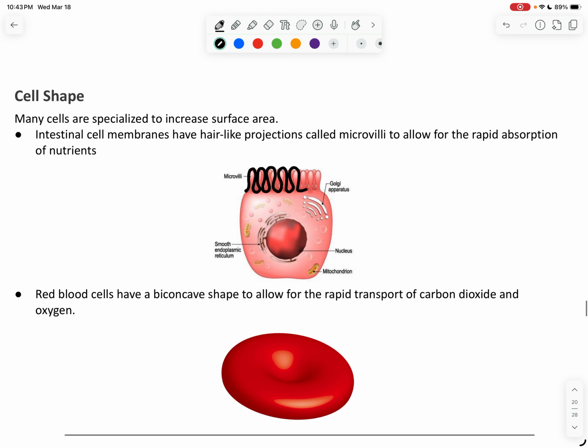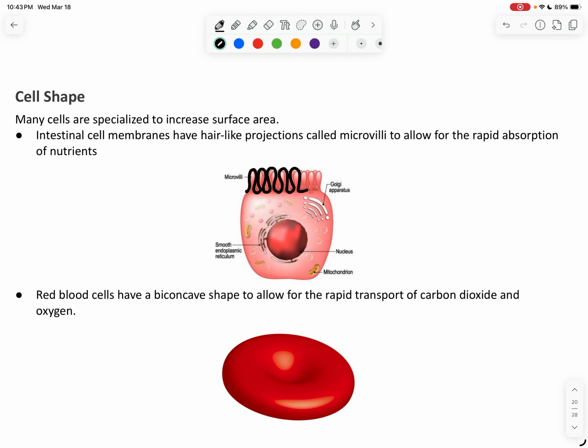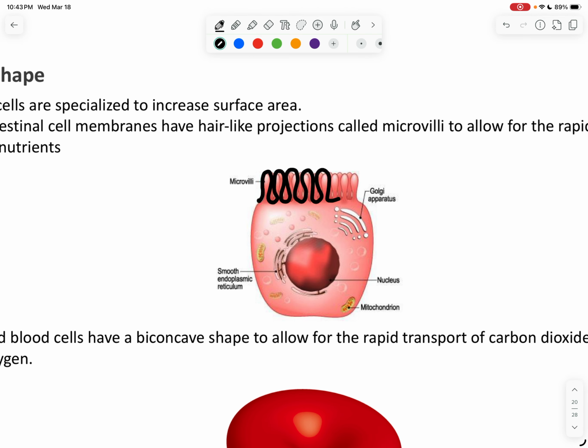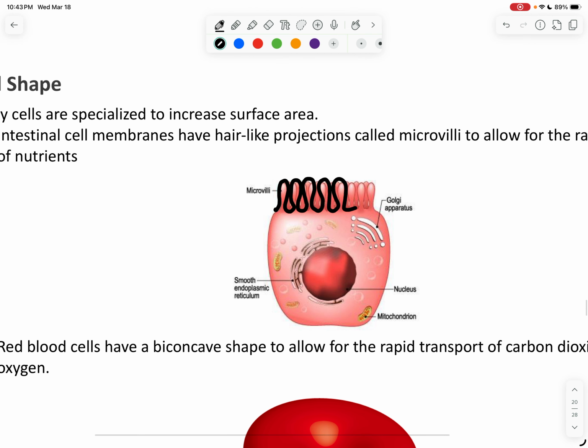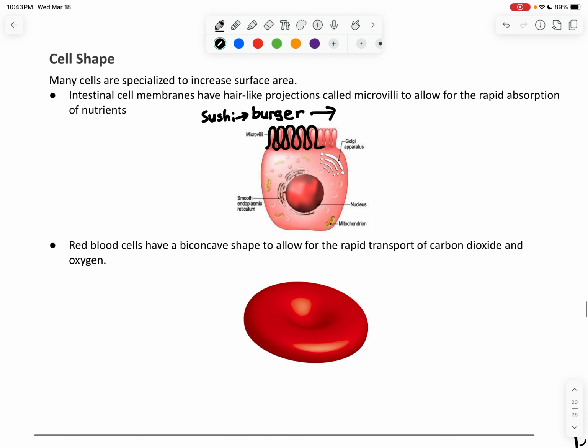It's because they have more surface area to volume ratio. Why? Because in your intestines, when your food is flowing through, let's say you ate some sushi, burger, anything, they want to grab those nutrients from the food and absorb it faster. That's why you have weird shapes like this.